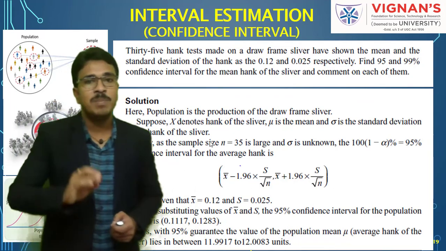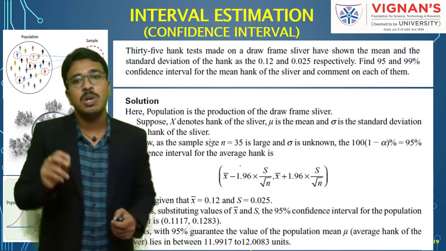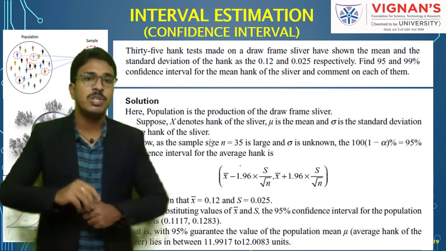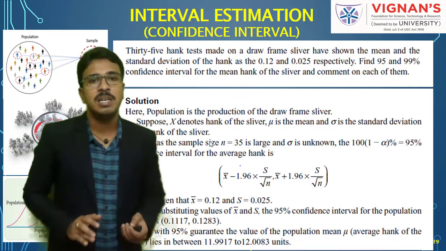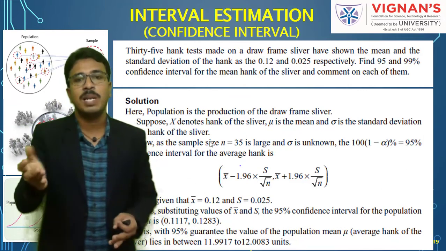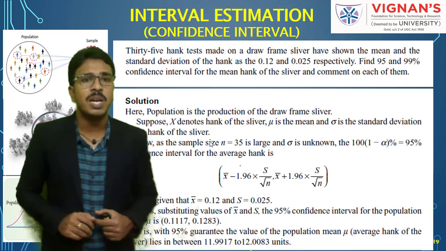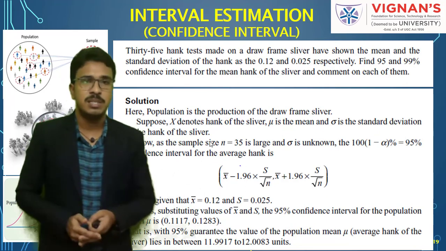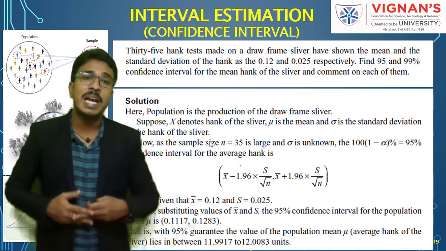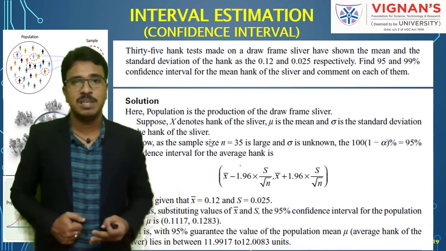11.99 to 12.00 units. When you multiply by 100, instead of 0.11 you will get 11. So 11.99 to 12 units, and you are saying this with 95% confidence.